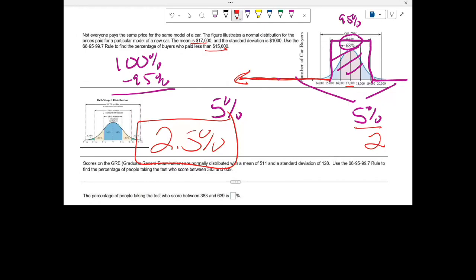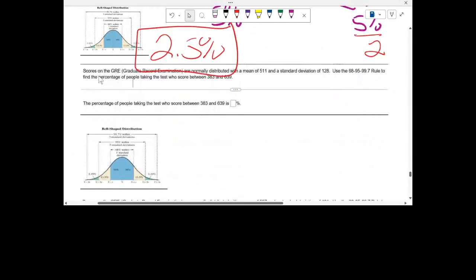One thing I want to mention is that I'm going to do this next problem right here, and it says scores on the GRE. Most of us right now are far away from taking the GRE. But just to let you know, the GRE is a test you take once you get your bachelor's degree and decide you want to get a master's degree or a PhD.